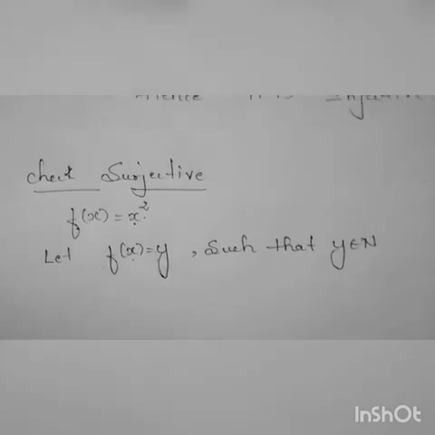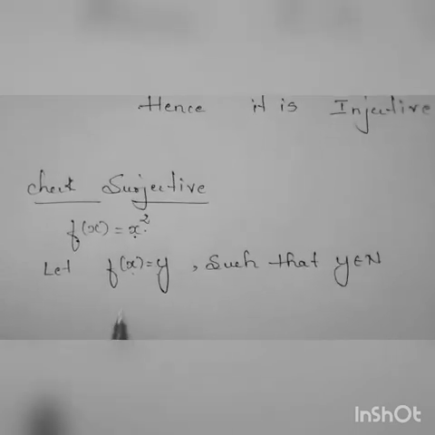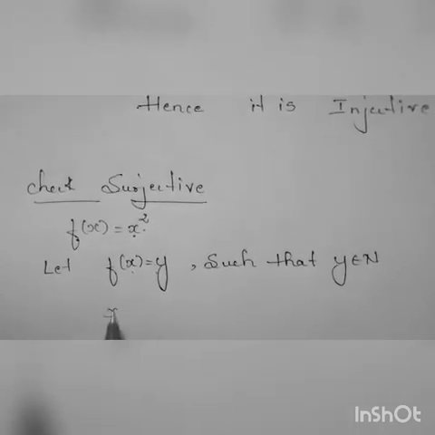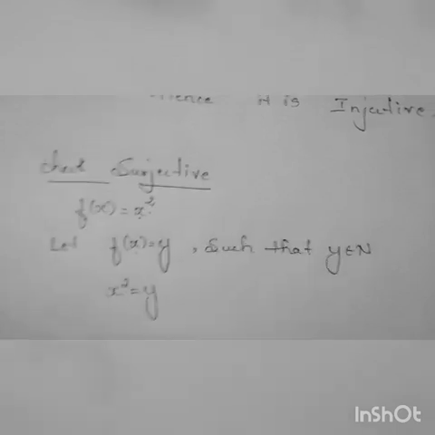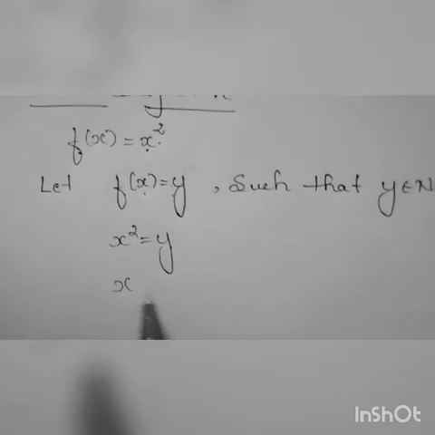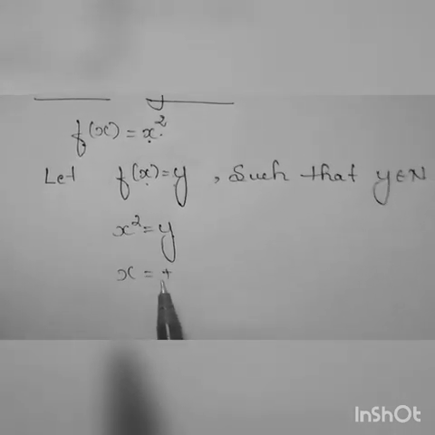This is the actual notation of onto. Comparing those two, you get x square is equal to y, so x is equal to plus or minus root y.